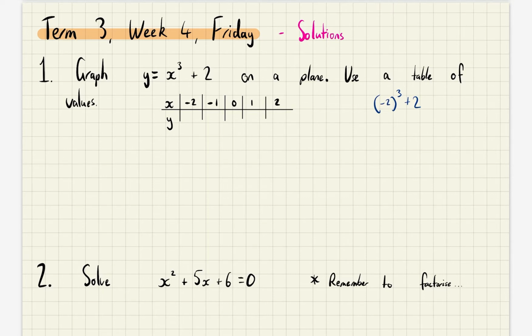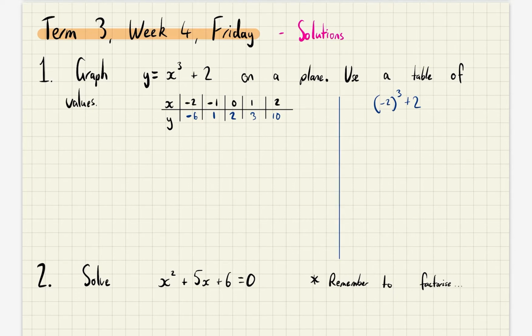Starting with minus 2, I'm going to have negative 2 cubed plus 2, which is negative 6. Do it again with negative 1, I get 1. Do it again with 0, I get 2. Do it with 1, I get 3. And when I do it with 2, I get 10.